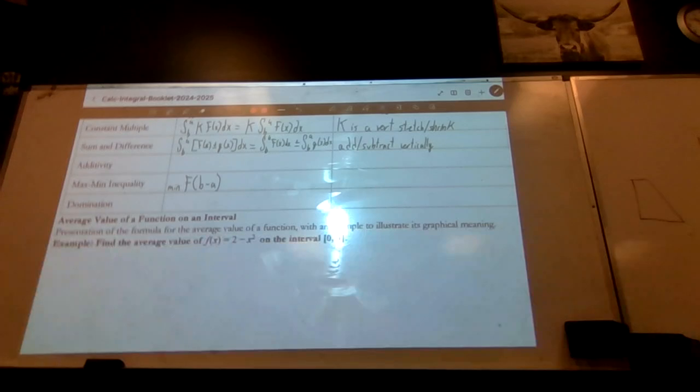So the minimum value on that interval of b to a is going to be less than or equal to the integral from a to b of f of x dx, which is less than or equal to the maximum of f of x dx. Oh, sorry, sorry. The maximum function of b to a.